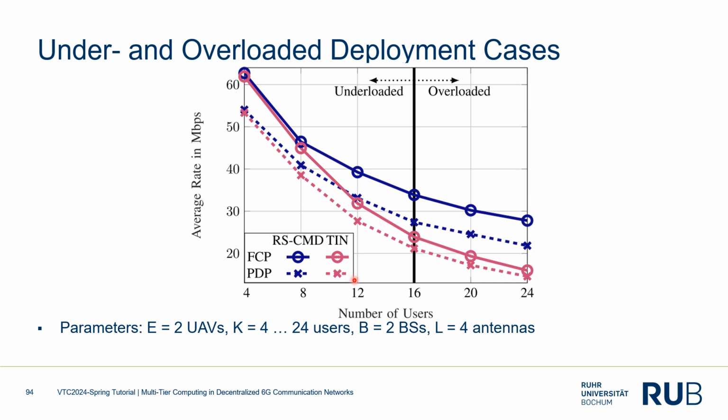With increasing number of users, the average rate per user is decreasing for both the RCMD and the TIN case, in centralized and distributed protocol.